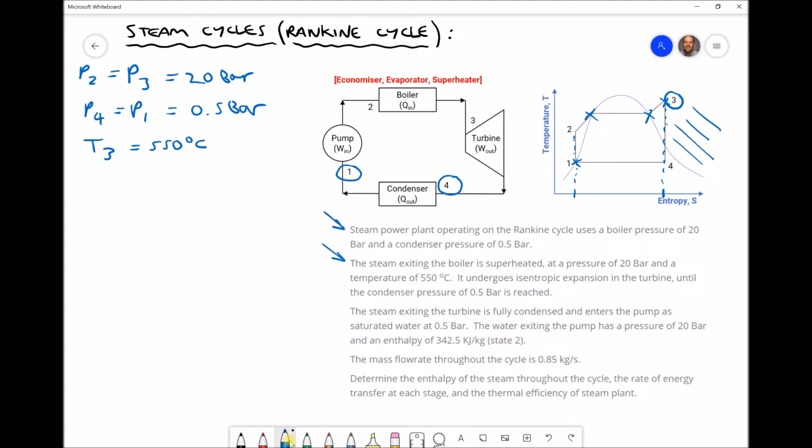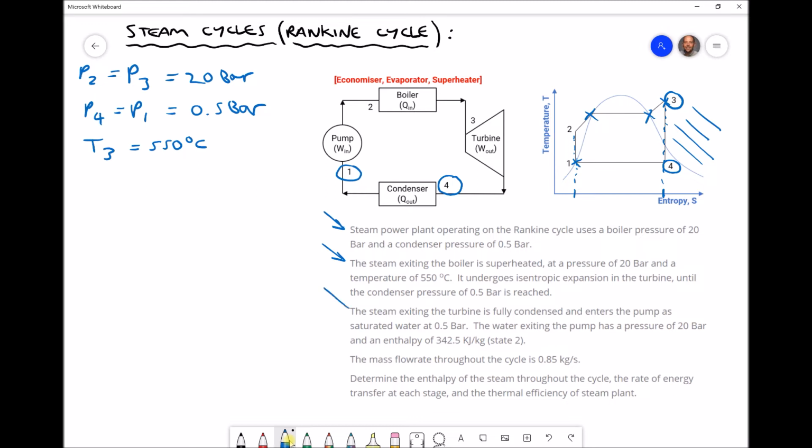The question goes on to say it undergoes isentropic or constant entropy expansion in the turbine until the condenser pressure of 0.5 bar is reached. So once again it's emphasising that the pressure at position 4 is 0.5 bar. And we've already made a note of that.